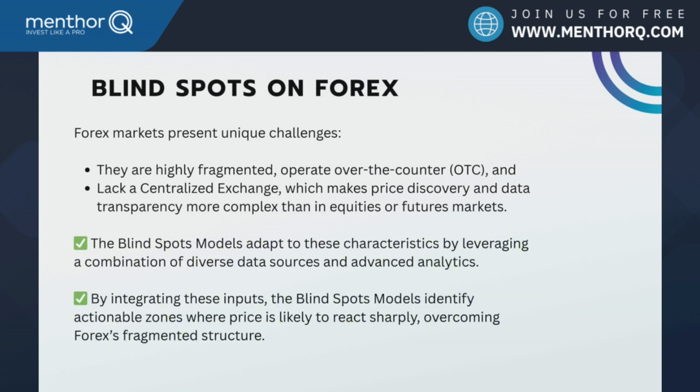So that's why the blind spot model adapts to these characteristics by leveraging a combination of diverse data sources and advanced analytics. We look at, for example, option positioning by looking at the Forex futures data that we have. We look at the option flow coming from that asset and where big players can be positioned there.